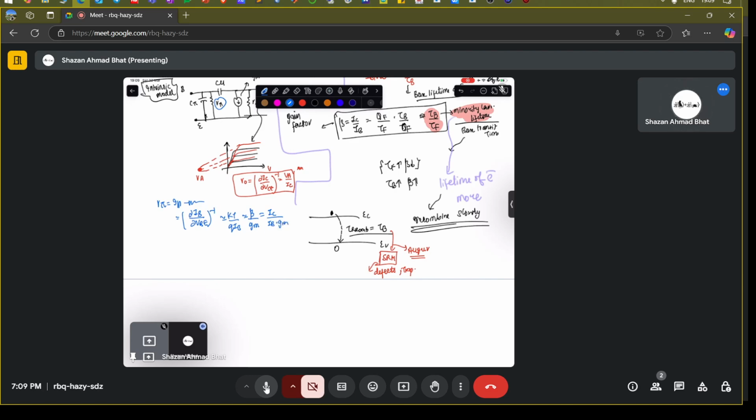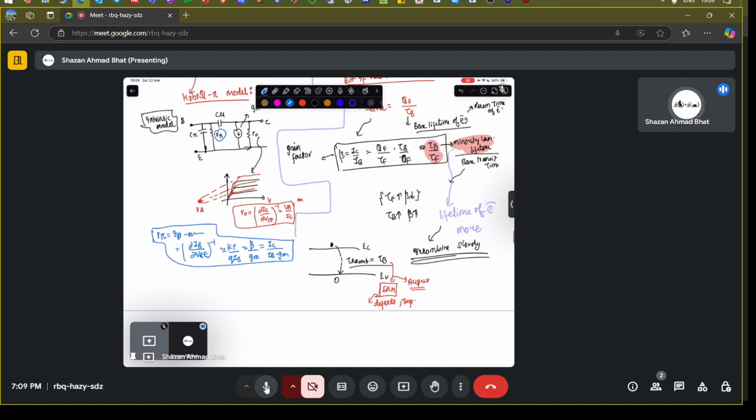So you can write this R pi in terms of beta and other factors as well. And this C pi comes from two sources: the junction capacitance, and the diffusion capacitance, because in a forward biased base emitter junction, diffusion capacitance is also one more source of capacitance.